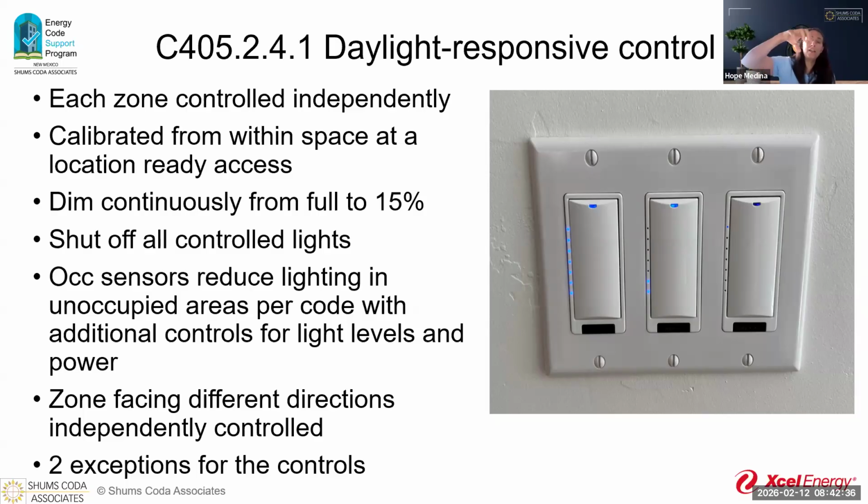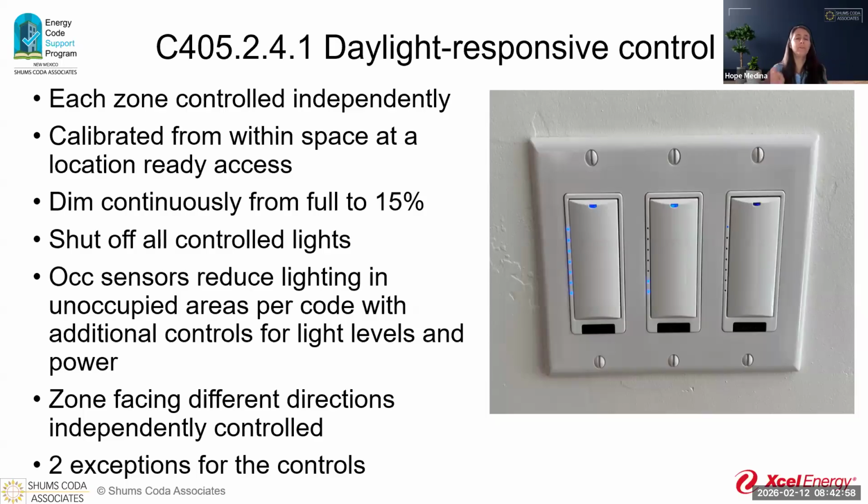So you couldn't have one control doing both the primary and the secondary. You have to have a control that does the primary and a second control that's going to do the secondary. There has to be the ability to calibrate it, and it has to be within the space that it is, and it has to be accessible.